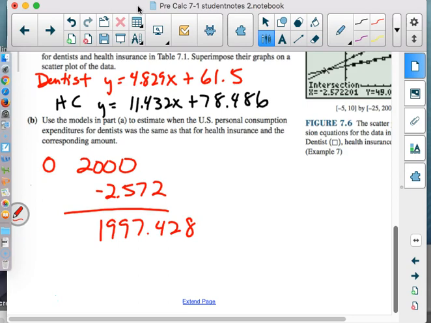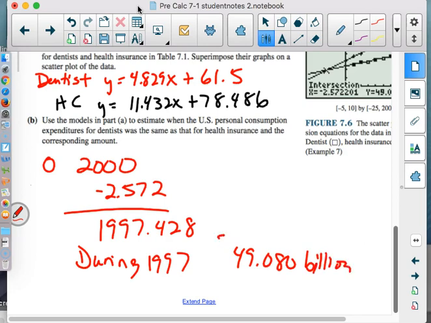So sometime during 1997, they will be approximately $49.080 billion. So that would be our answer. So if we want to know when they would be the same, it will be sometime during 1997, and it will be at approximately $49.080 billion.